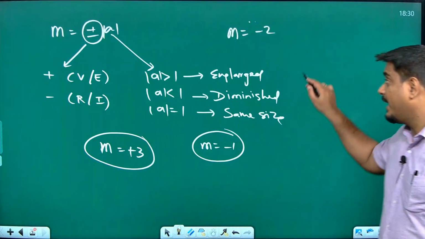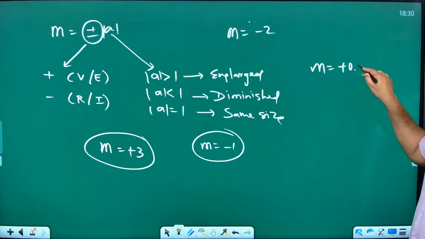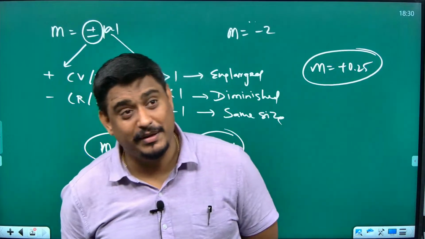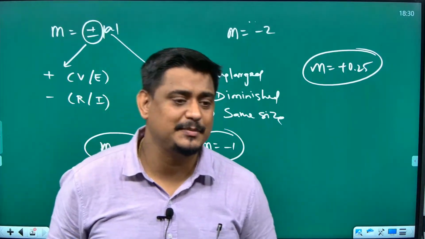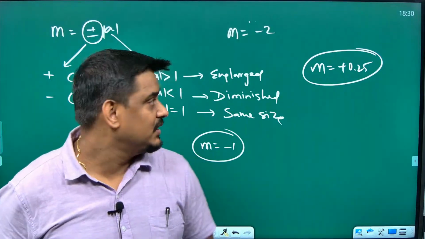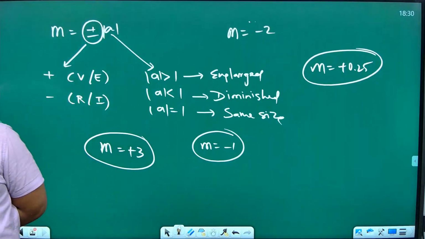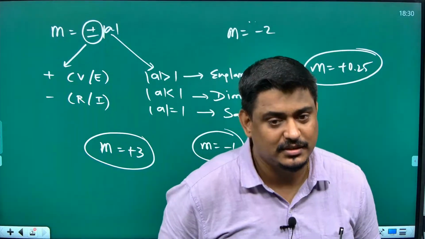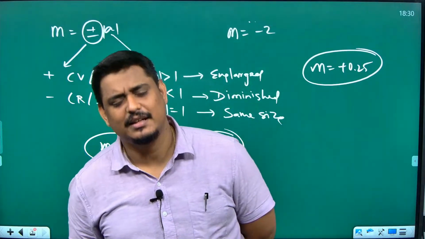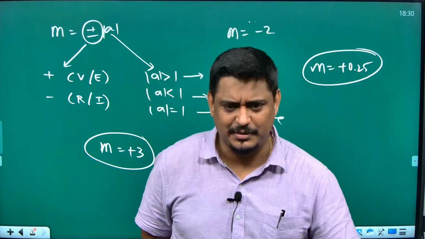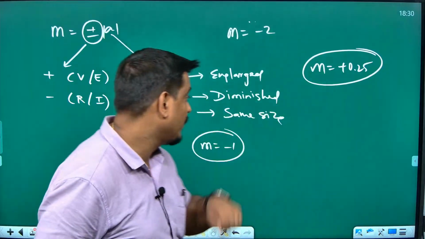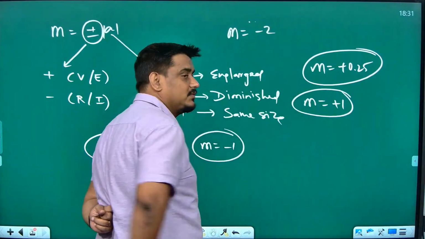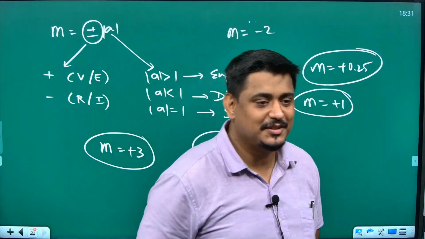If I say m is equal to plus 0.25 in mirrors, plus means virtual, erect, and 0.25 means diminished. So virtual, erect, diminished is a convex mirror, and wherever the object is, the image will always form inside the mirror. If I say m is equal to plus 1, it is a plane mirror.